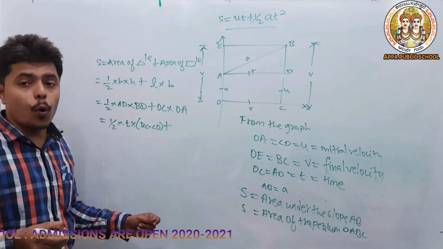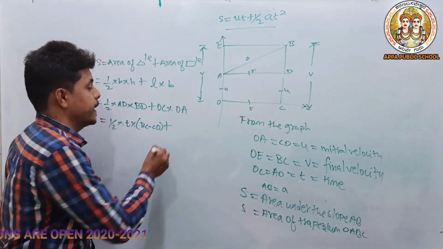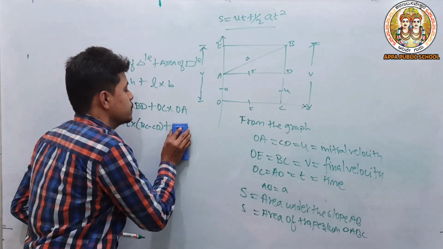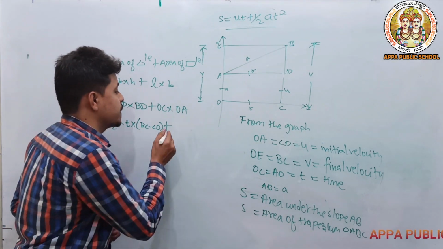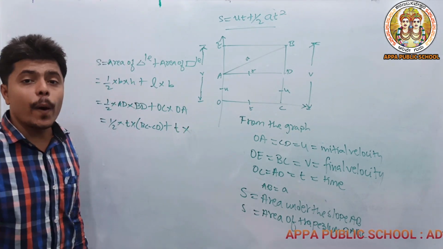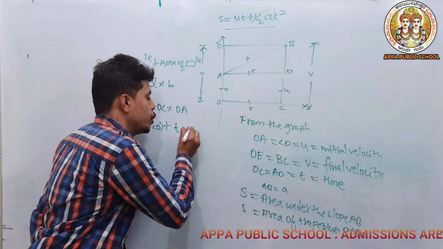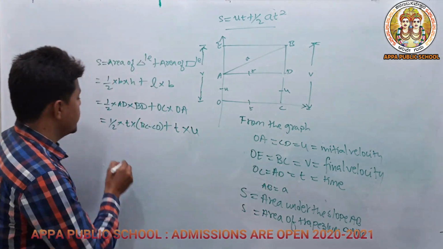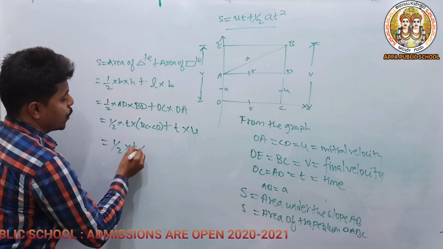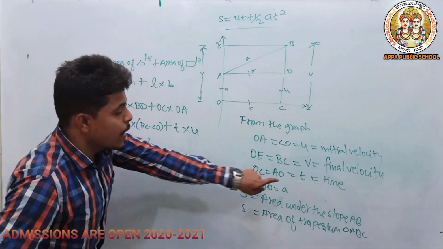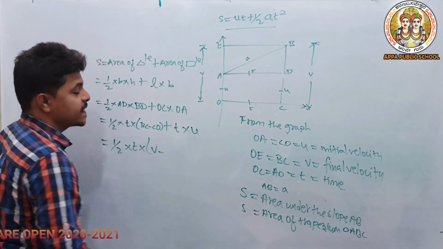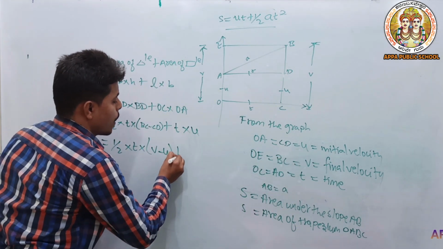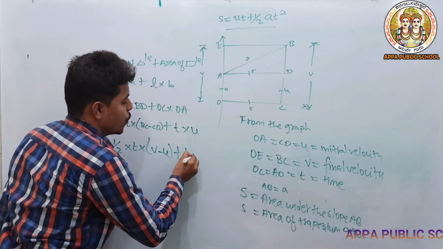OC is nothing but T, the time taken, and OA is nothing but U. So BD is BC minus CD, where BC is V and CD is U. So half into T into (V minus U), plus T into U.